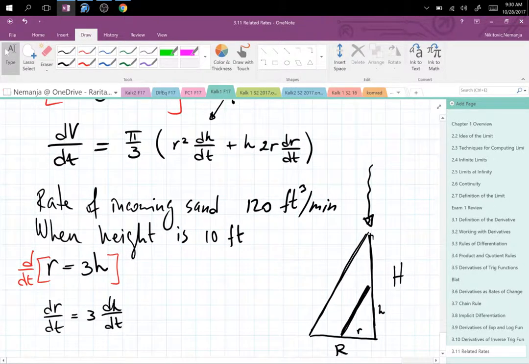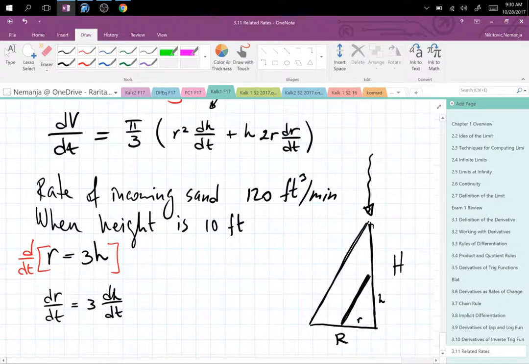So what do we do with this now? We can plug everything into the equation. We have all of the information necessary.